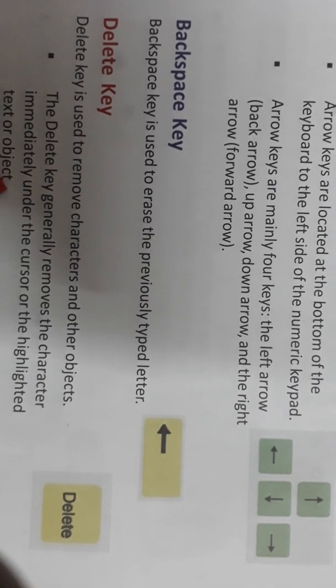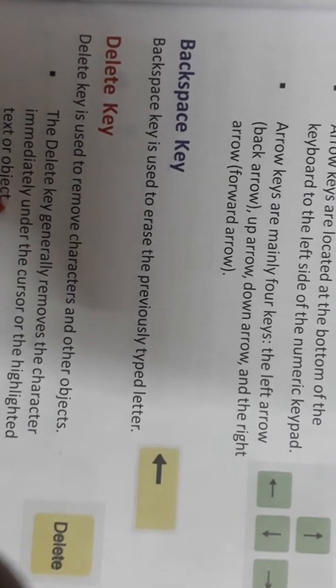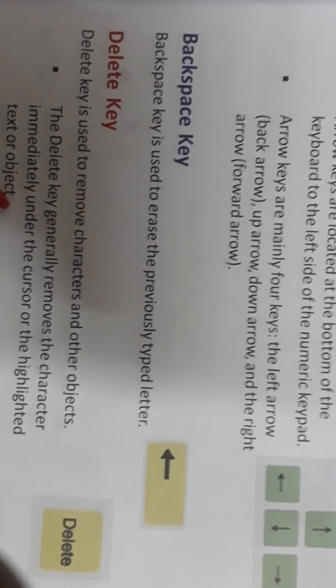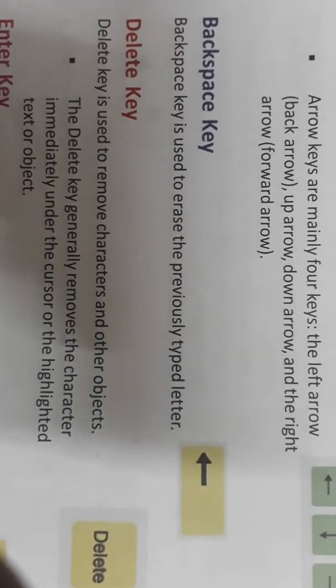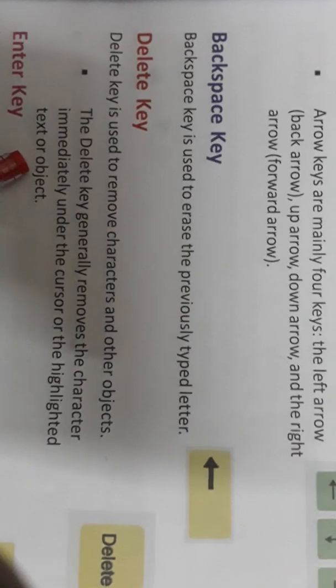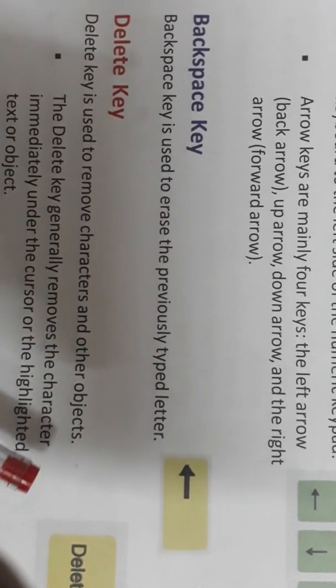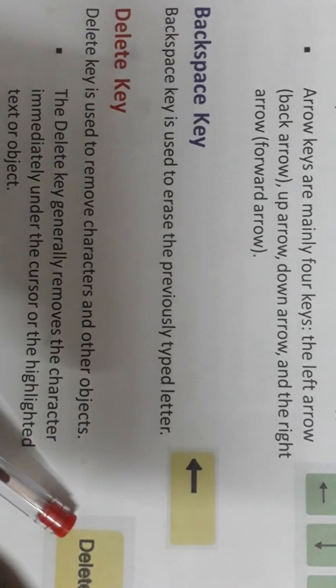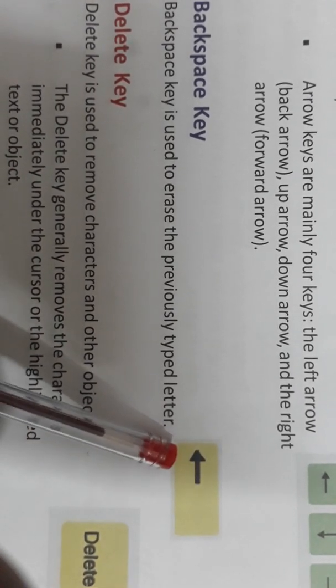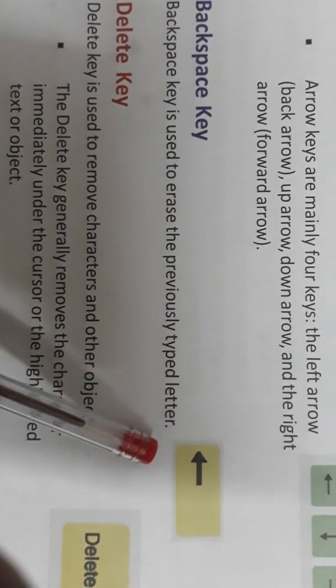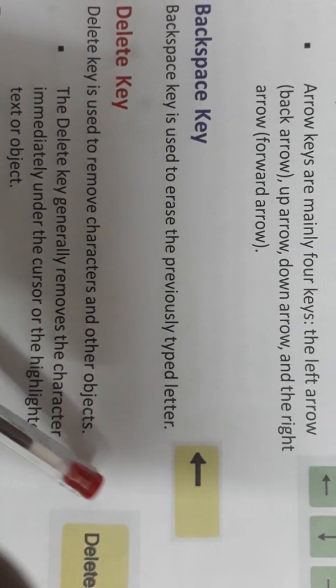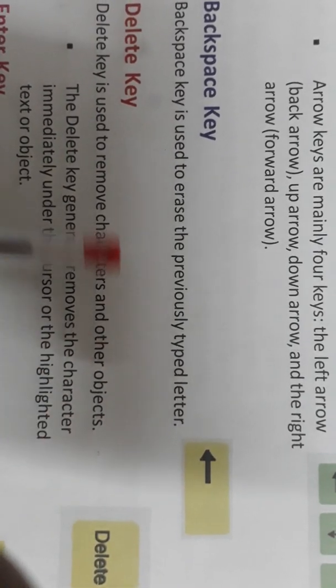We can also remove items like files or folders. When you highlight one, we can remove the object by pressing the delete button. So the delete key and the backspace key help us to remove unwanted things from our computer.